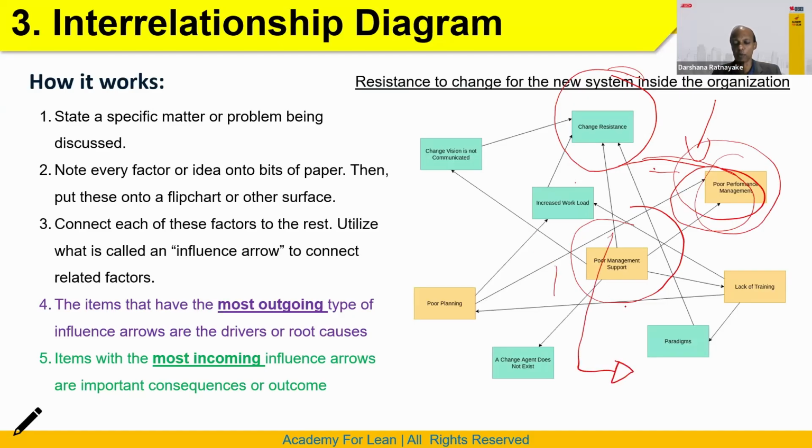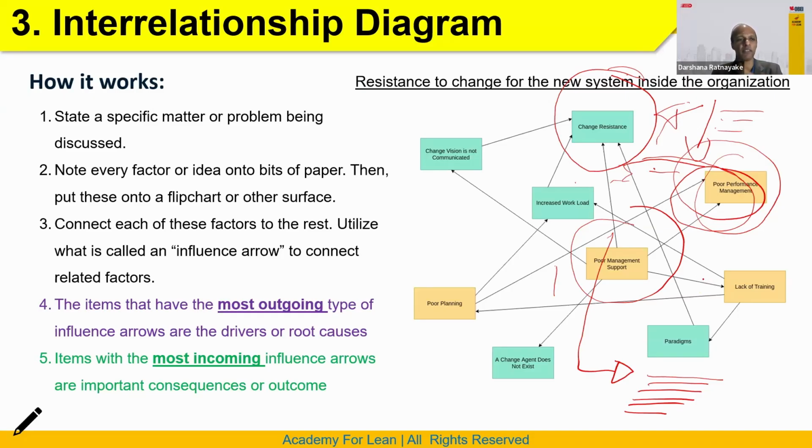Poor management support. Okay, now what we need to do here, we can make an action. Then most influences are here. Okay, then we can do something. This is how we are making plans. Actually, we are planning our future action. Then when we do this action, we will experience less resistance to change.